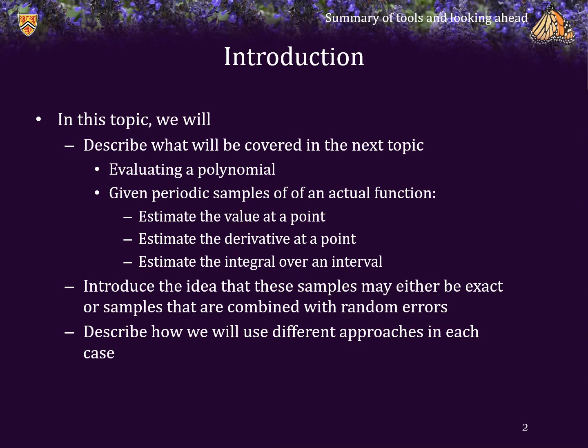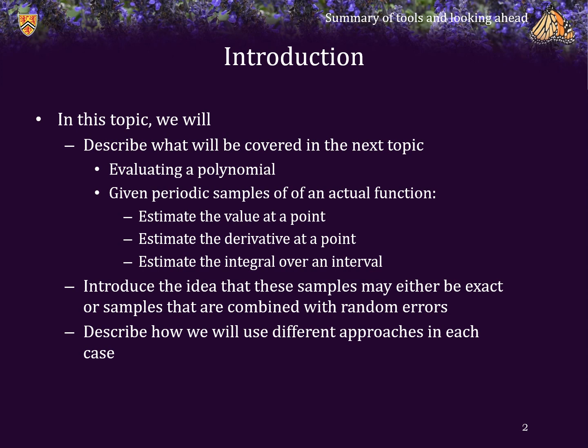So in this topic, we're going to describe what we will be covering in the next sequence of topics, including evaluating a polynomial. Given periodic samples of an actual function, we will estimate the value of the function at a point, we will estimate the derivative at a point, and we will estimate the integral of this actual function over an interval.